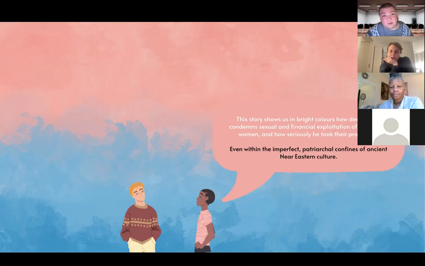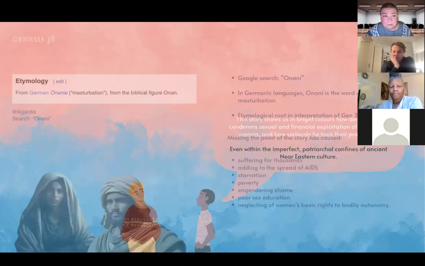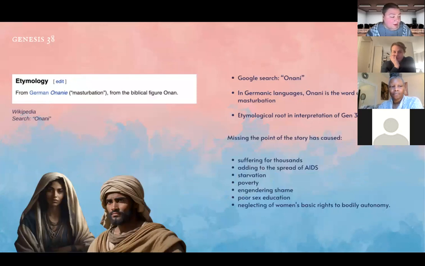And yet, even though that is what the story is about, Christian tradition and history has twisted it into being something else. If you go to Google now and you search for the word onanie, you'll get a Wikipedia hit that says, from German, onanie, masturbation, from the biblical figure Onan.